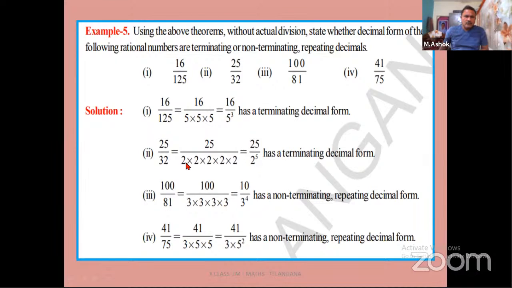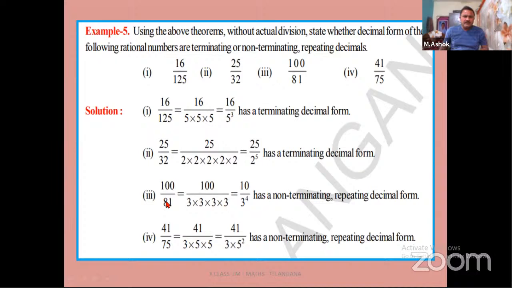We know very well, 2 into 2, 2 into 2, 2, so it can be written as 2 to the power of 5. This means the prime factorization of the denominator is of the form 2 to the power of n into 5 to the power of m. Only 2 came, so it is a terminating decimal form.